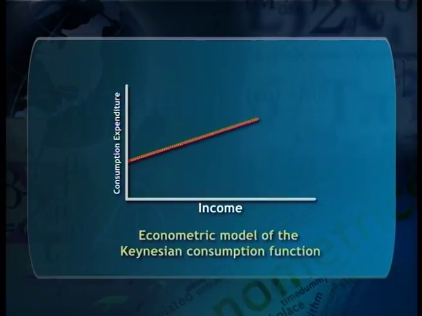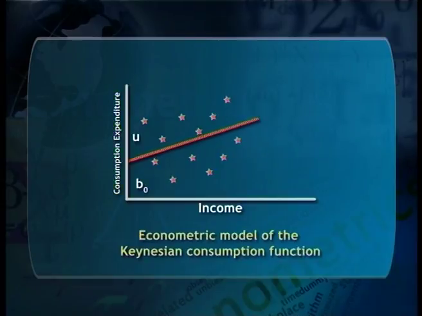Now we can see the graph paper, where we have taken consumption expenditure on the y axis and income on the x axis. Here, if we plot the data on consumption, as the income increases, how will the consumption change?